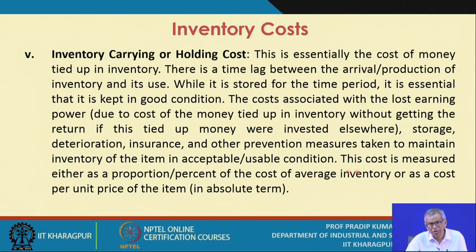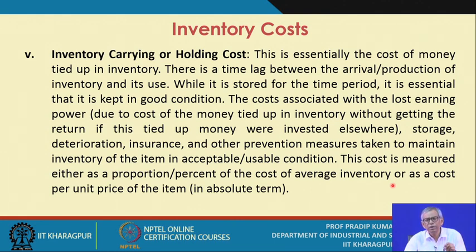Later on you will come to know how to compute the average inventory cost. Normally the practice has been that I will estimate the inventory carrying cost as a percent or proportion of the average inventory held, like say 15%, 20%, or 10% or 8%. So this way you specify the inventory carrying or holding cost, or in absolute terms you say that the price of the item is 10 rupees.